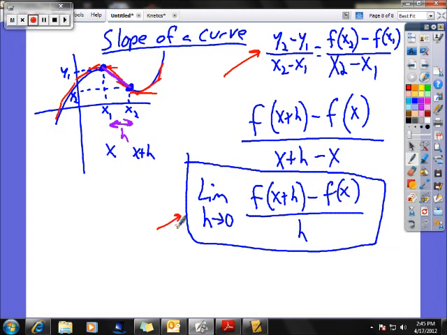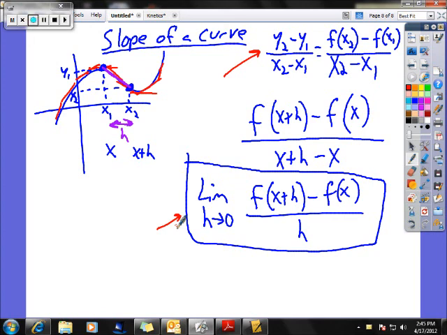All right, so now let's use this. You don't ever have to actually go through these steps on a calculus problem. I might ask you in this class to do it just to show how you get from the old slope formula to the new slope formula, but you never actually have to do that in calculus.